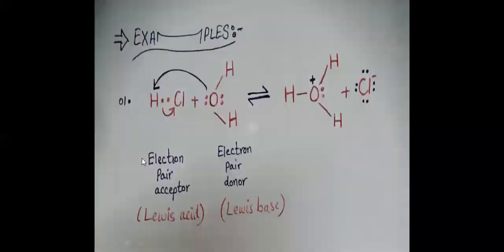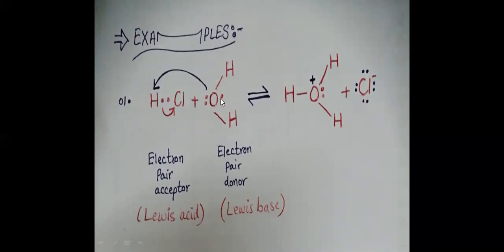Another example, or the same example: hydrochloric acid reacting with water. As I told you, the electrons of hydrogen are pulled by the chlorine atom, and as a result hydrogen becomes electron deficient. To compensate for the deficiency, oxygen will share its lone pair of electrons with the hydrogen of the hydrochloric acid.